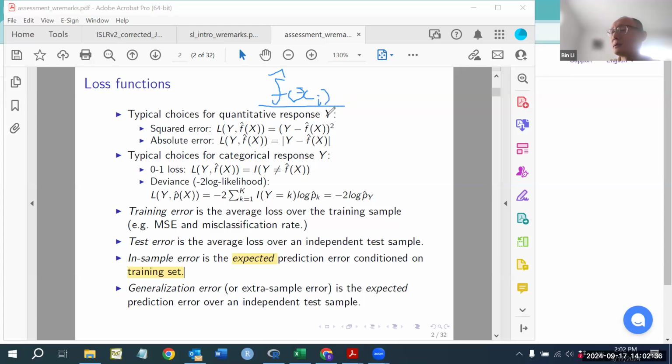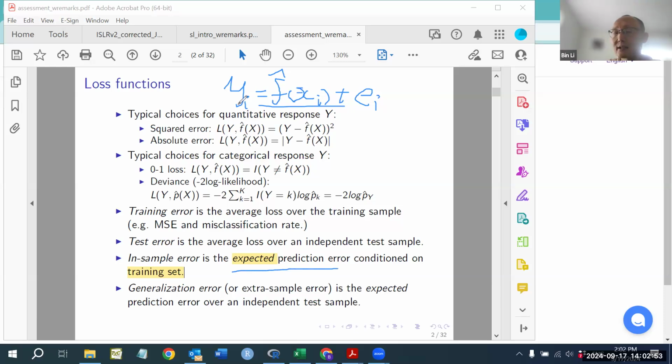We have this: y_i is equal to the estimated value plus the residuals. Is that right? But why do we have expected here?